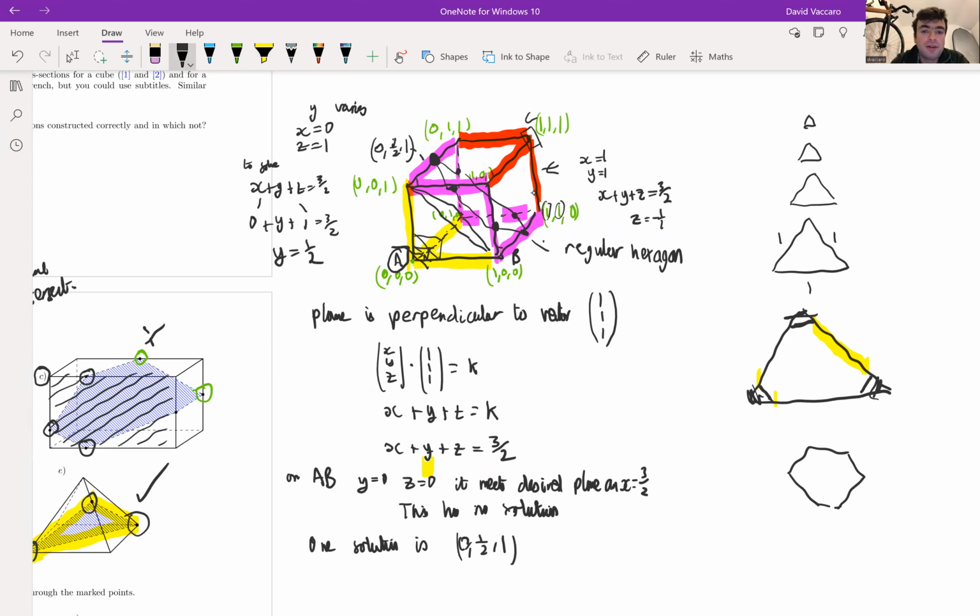And when we get to C, it starts to be skewed the other way, and then we get back to a triangle. So the progression is triangles through hexagons, and then eventually back to triangles, and then those triangles get smaller.